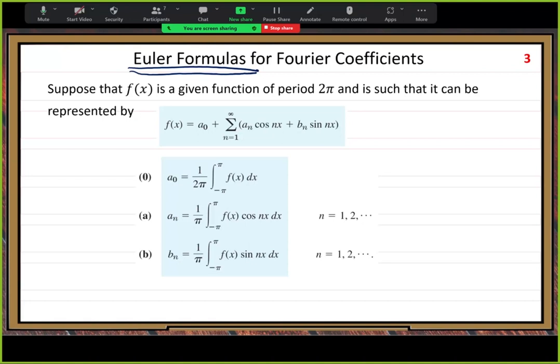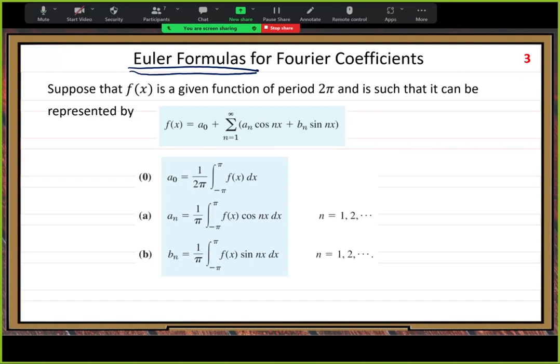To get these formulas is very simple. If you use the orthogonality property from our previous slide, you can get these formulas quickly. You just take the integral with all these different individual basis functions.